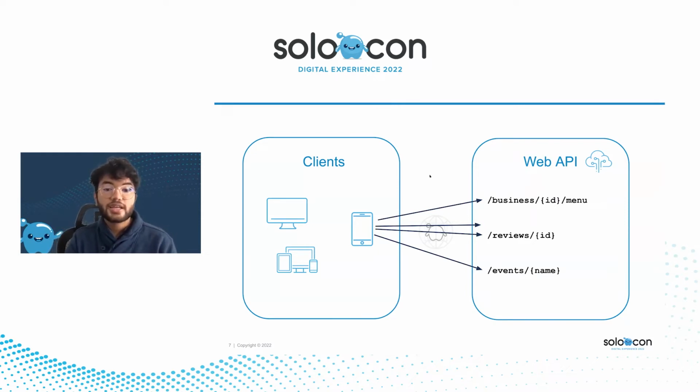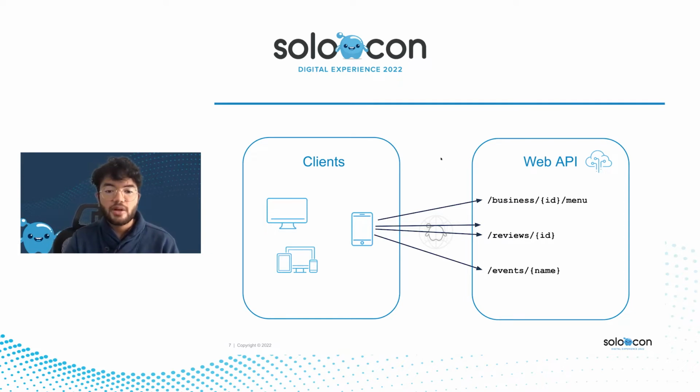To compound the effect, the HTTP hypermedia links or front-end logic will chain multiple requests together to fetch the entire object data model. For example, here we're creating separate requests from the mobile client for a business's menu, its reviews, and any possible events occurring at the business. Resolving all 3 of these requests is a costly operation, time and compute-wise, from the user's perspective.